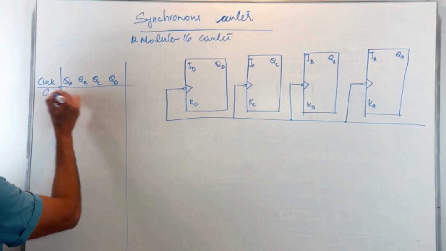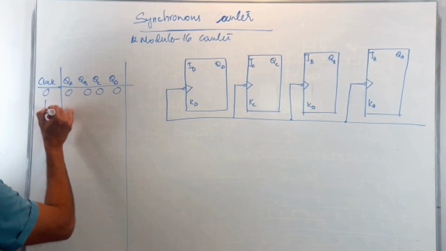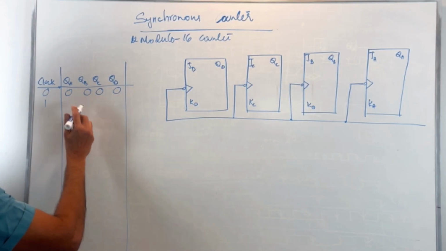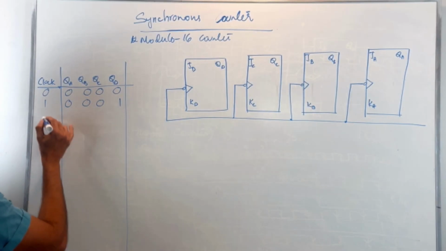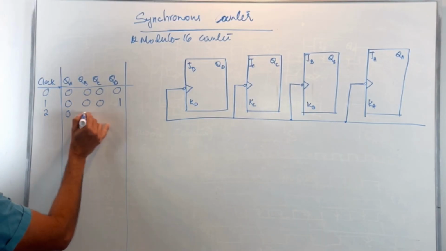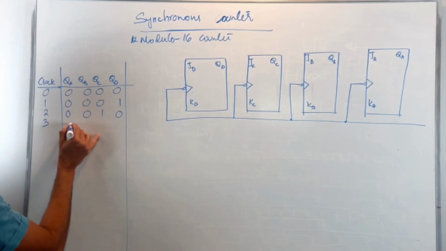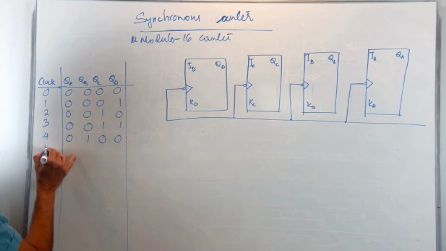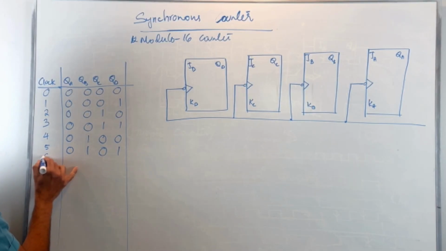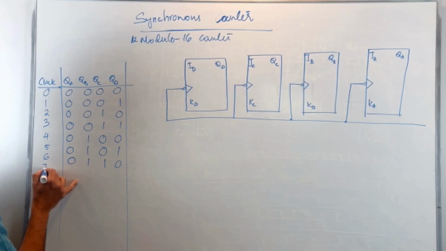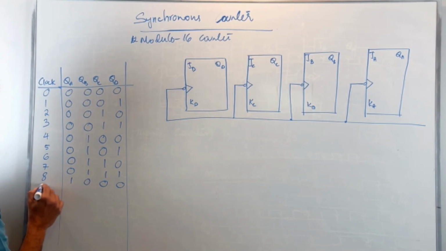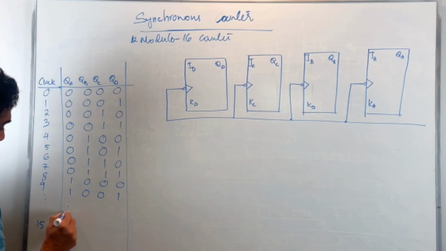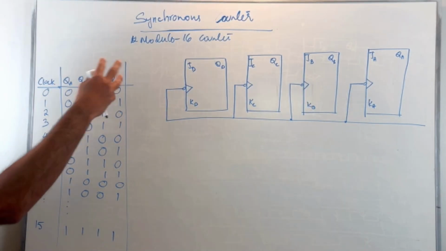So let's say clock 0, I want everything to be 0, everything is cleared. On the first triggering instance, then I need to have QD to be 1, second 0, 0, I want this particular count, third will be 0, 0, 1, 1, fourth 0, 1, 0, 0, fifth 0, 1, 0, 1, sixth 0, 1, 1, 0, seventh 0, 1, 1, 1, eighth 1, 0, 0, 0, ninth 1, 0, 0, 1, and so on, all the way down to 15, where I want the last count to be 1, 1, 1, 1, and then restart.